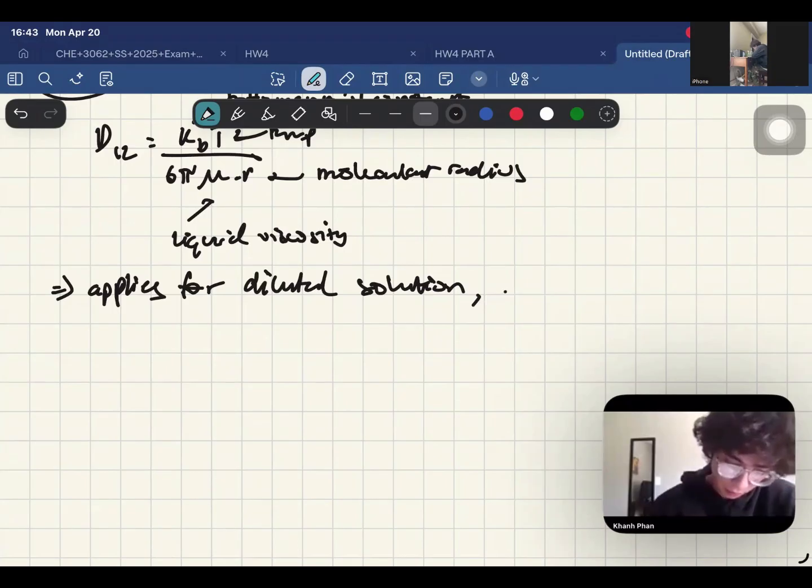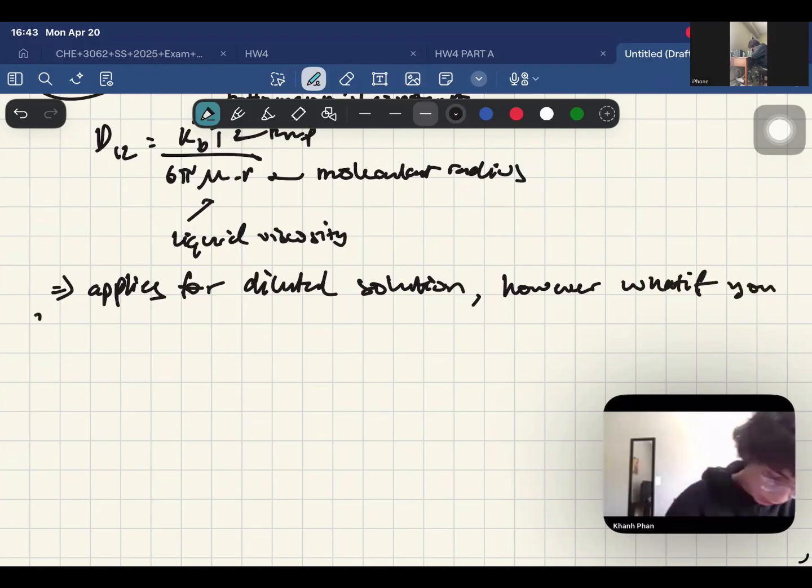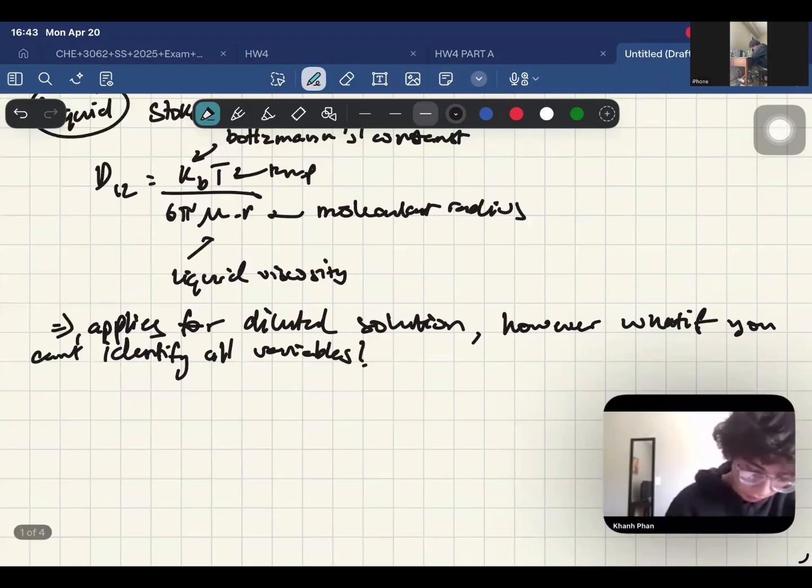However, what if you can't identify all of the variables? Like, what if you can't find R, or what if you don't know the viscosity? What's the other solution?